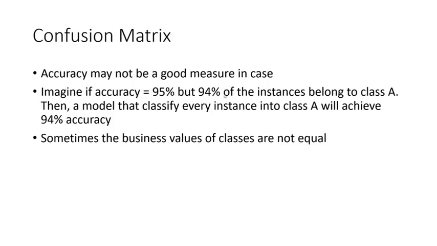But imagine that 94% of the instances belong to class A. So the model that classifies every instance into class A will achieve 94% accuracy. Yes or no? So just a model, very naive one, that puts everything to class A, it doesn't care, will achieve a 94% accuracy. Do you agree with this?